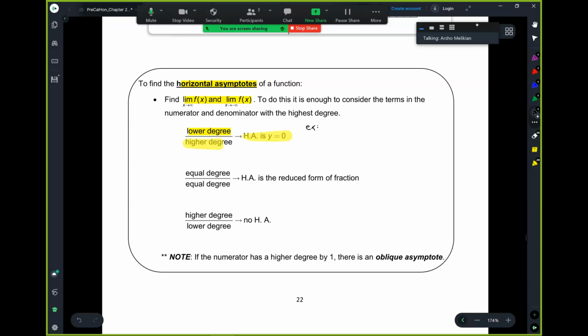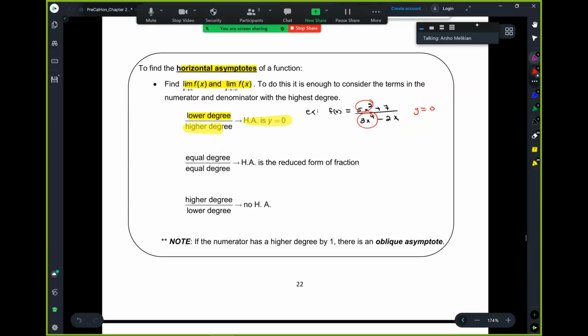So for example, if f of x is equal to 5x squared plus 7 over 3x to the 4 minus 2x, take the term with the highest degree on top, the term with the highest degree on the bottom, and just mentally compare them. Okay, there is a higher degree on the bottom, so immediately, minimal thinking involved, you say the horizontal asymptote is y equals 0. That's it.